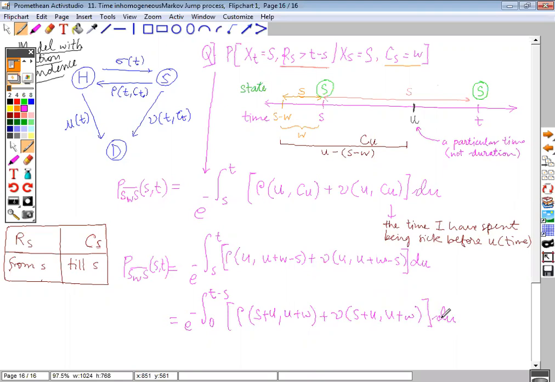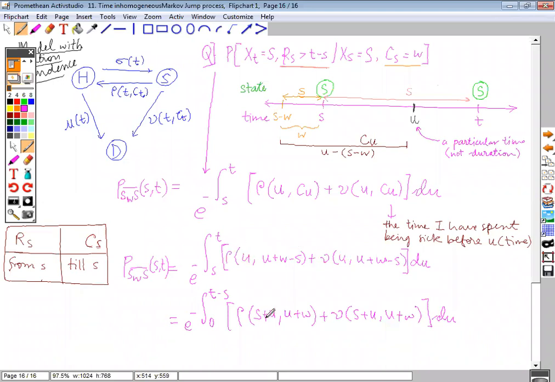So the way to interpret this particular equation is, what is this S plus U? This S plus U is the precise time when I'm making a jump. Is this the precise time when I'm making the jump? Not anymore, right? Because I always make the jump at U, and this was the time which I have used already in this equation.